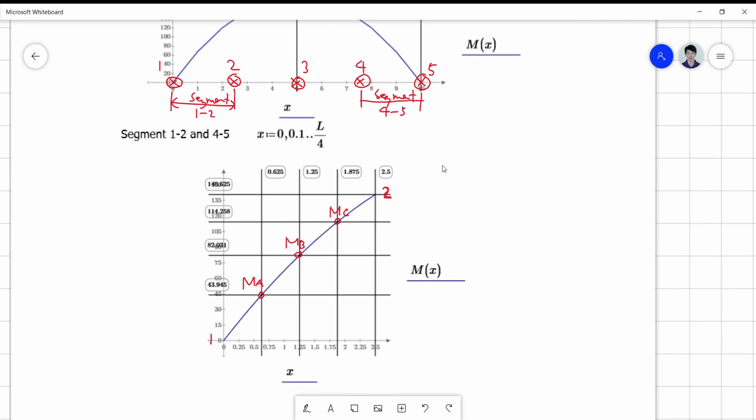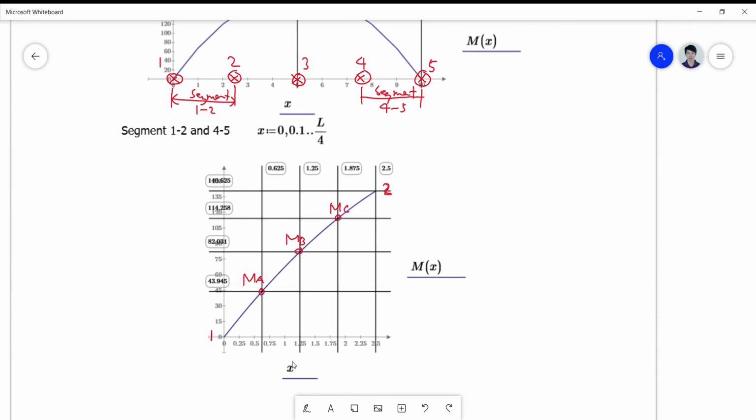Okay? So how do I get the value of x? So I simply divide segment 1 to 2, which is 2.5 meters. I simply divide it.